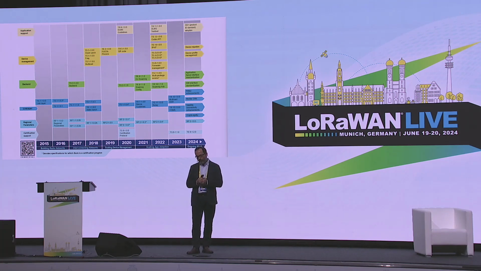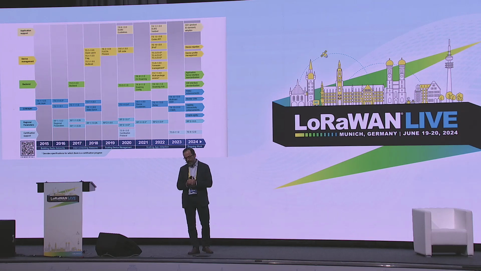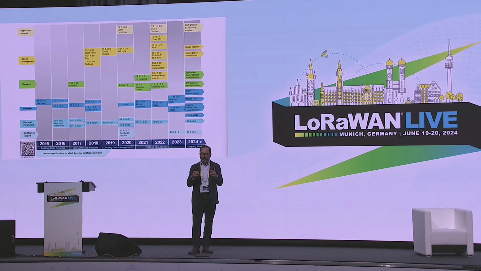Moving forward, what came after that era is scaling device management. As you see, over time, we keep adding new work streams in order to address the needs of the market. This is very much an alive architecture that keeps evolving based on the needs of the market, especially in response to the members coming in here and representing the market needs and their customer needs.